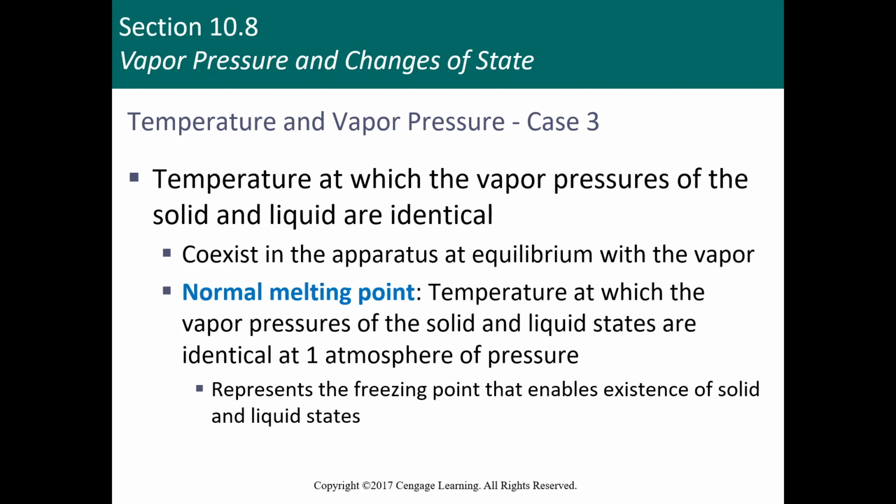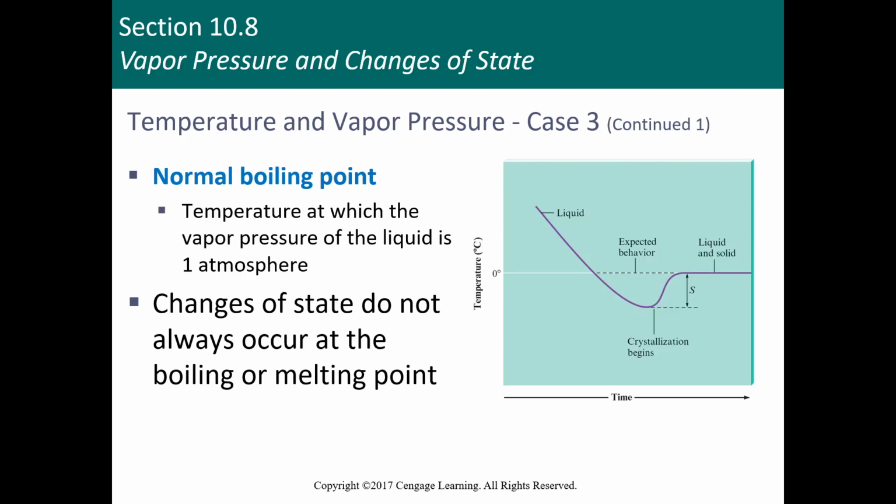But at the freezing point, you should have both states. Now, the normal boiling point is the temperature at which the vapor pressure of the liquid is 1 atmosphere. 1 atmosphere is special because that's the pressure of the atmosphere around us.